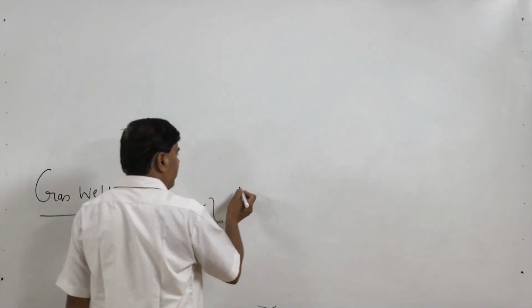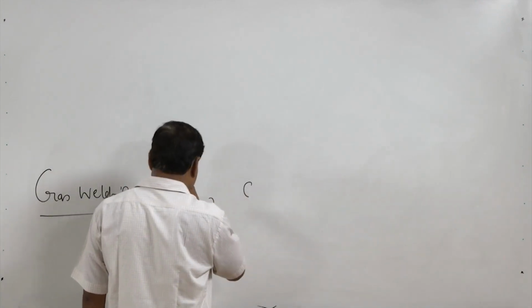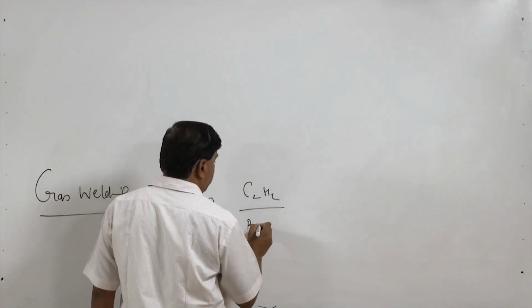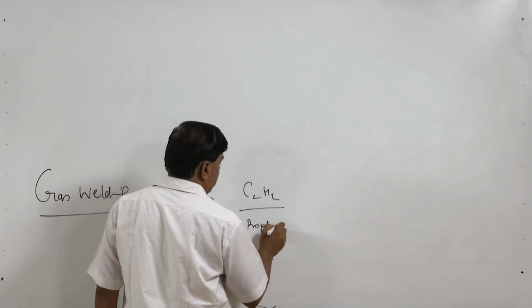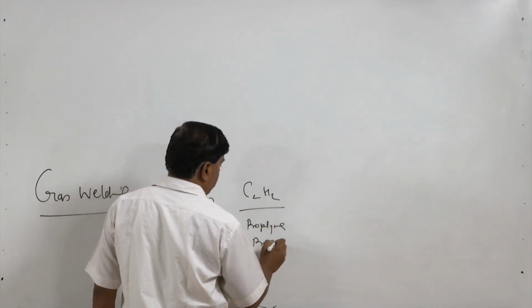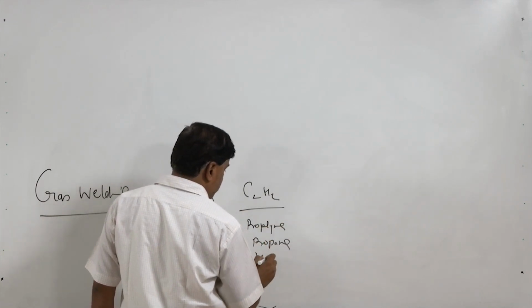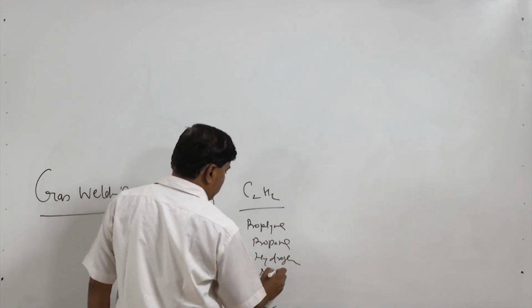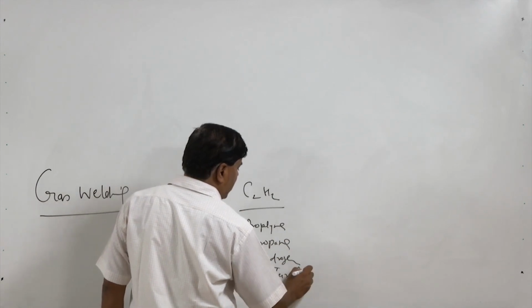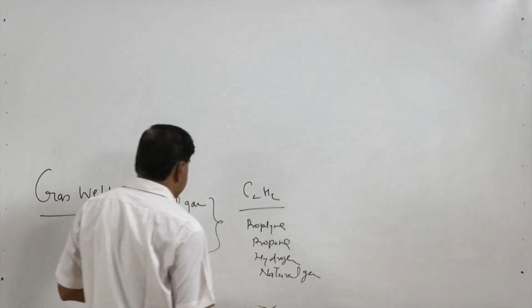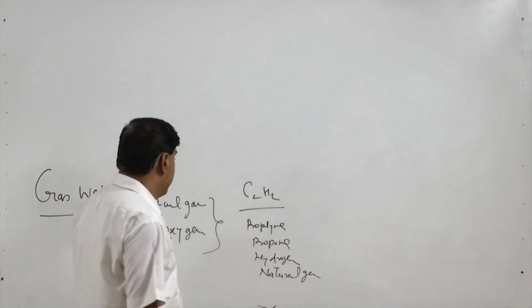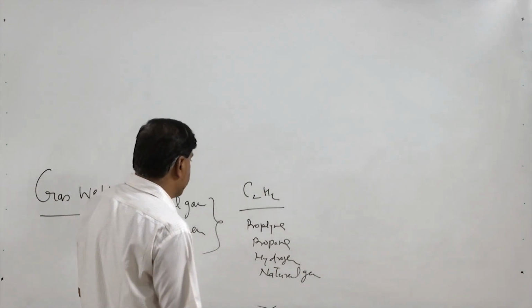The most common fuel gas is acetylene, thereafter propylene, propane, hydrogen, natural gas, or other gases which can be used as a fuel gas for gas welding purposes.